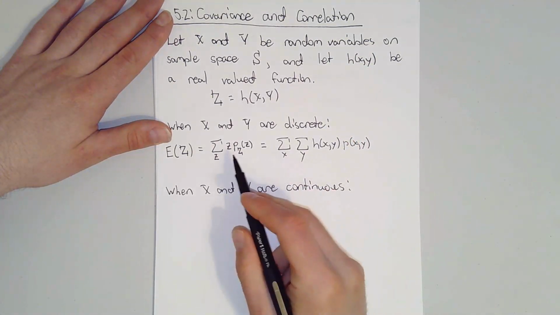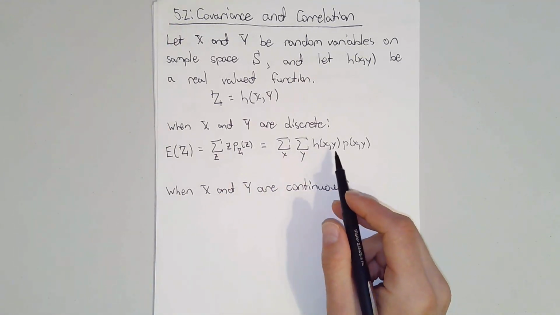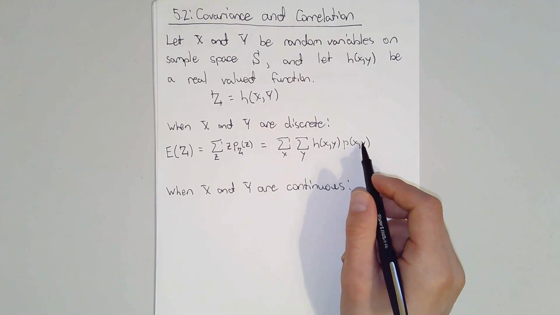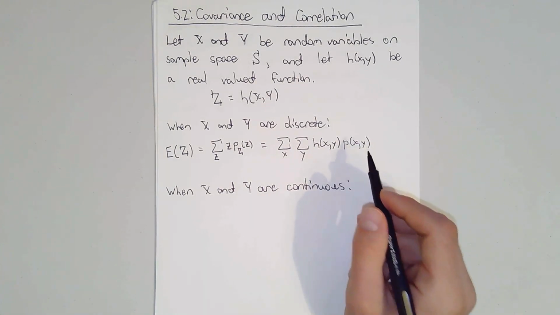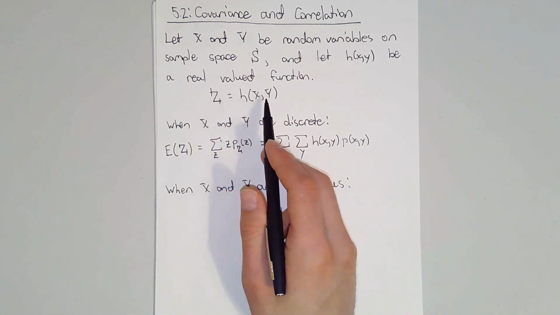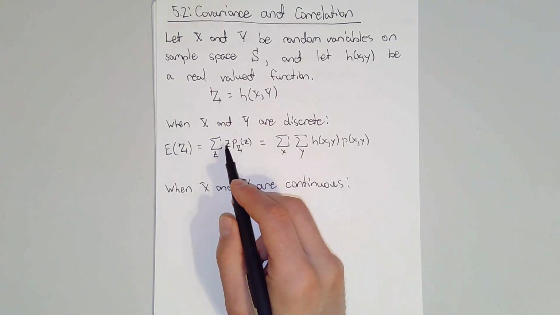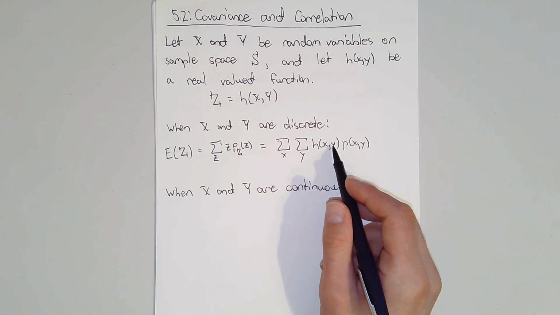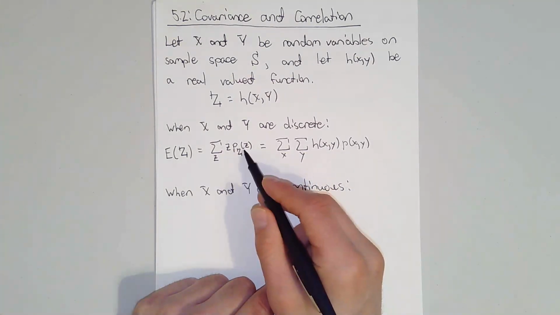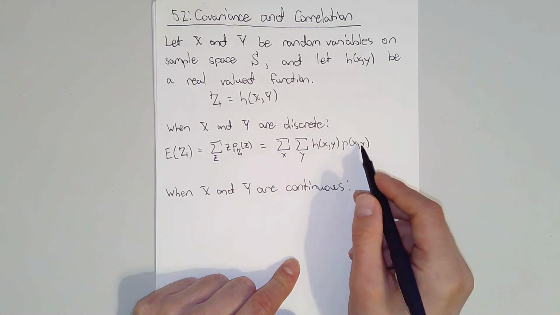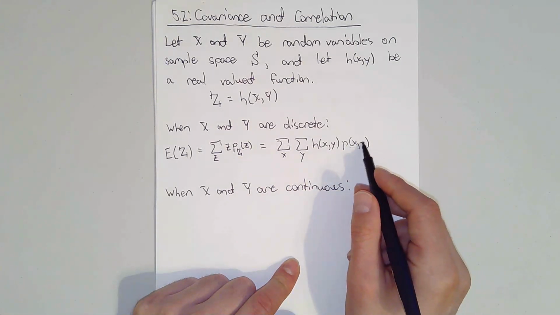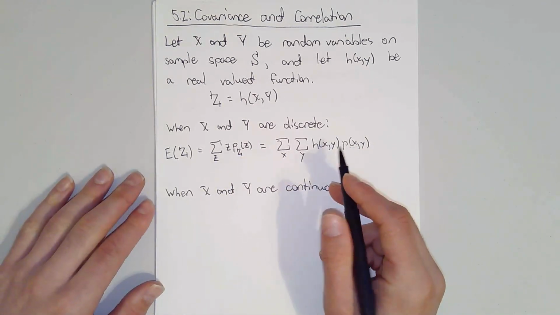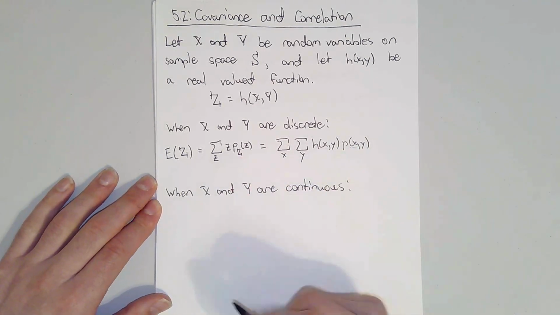So I won't go through and prove this, but we can make sense of it. The idea is that if we look at all ordered pairs x and y that give us back the resulting value z under this function, such z values correspond to h of x y. And the probability mass function will be the sum of probabilities of x comma y that correspond to such a z value. So this is a sensible thing, but we won't go into details on why this is actually true.